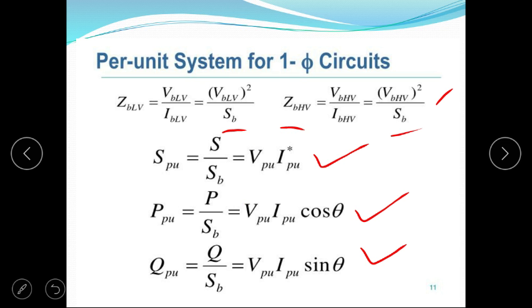Z base is equal to V base squared upon S base. Similarly, per unit value of S is equal to S actual upon S base, that is equal to V per unit I per unit conjugate. So power per unit is equal to P actual upon S base and Q per unit is equal to Q actual upon S base, that is V per unit I per unit sine of theta.